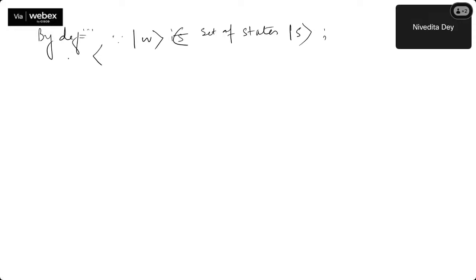Then that implies the inner product of W and S will be 1 by √n. How am I getting it? Let me give a small proof for this. For the proof, let me take a 2 qubit state. What I want to prove is this particular thing. Proof for equation 1.